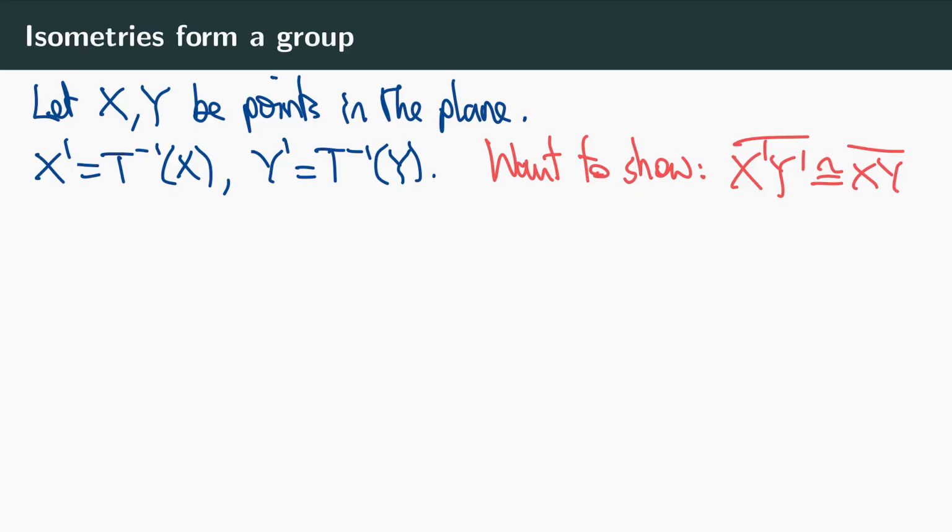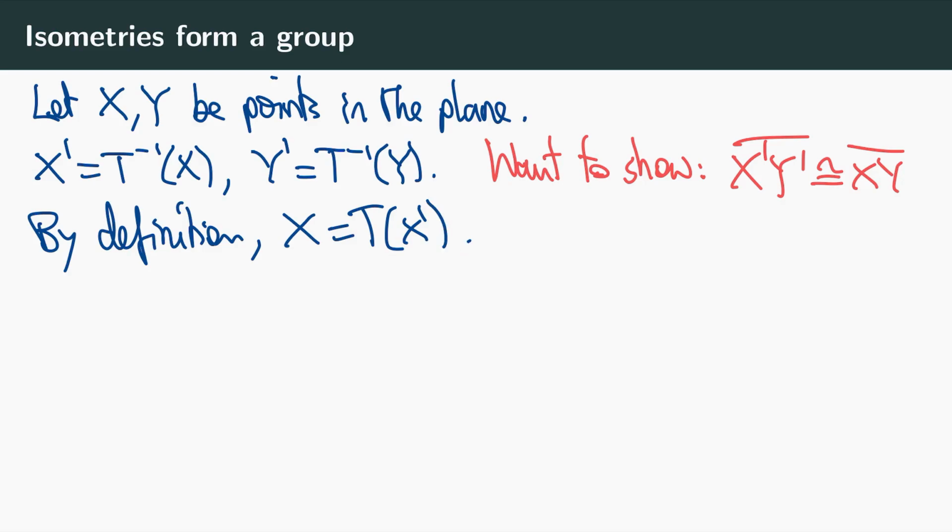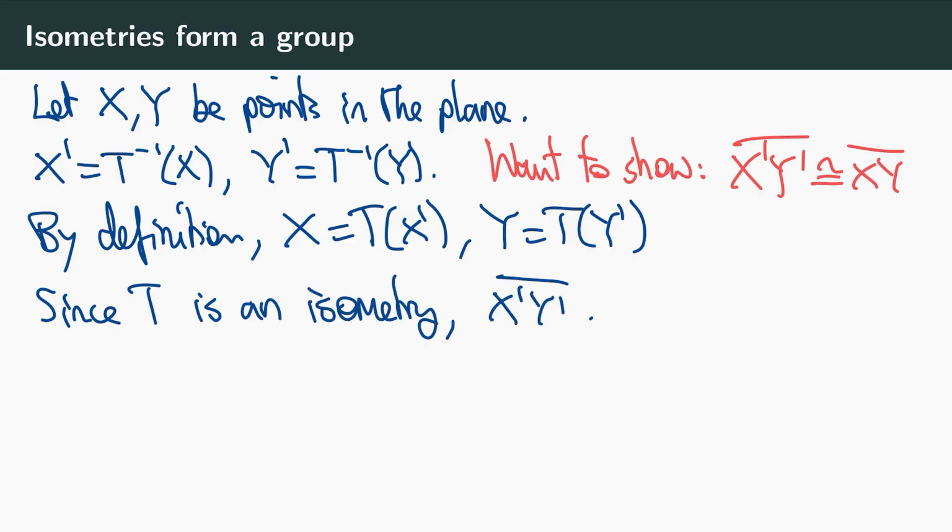Well, we're going to use the knowledge we have about x and y. By definition of T inverse, we now have that x is T of x prime and y is T of y prime. And now we apply the fact that T is an isometry to the pair of points x prime and y prime. And that's exactly what we wanted to show.